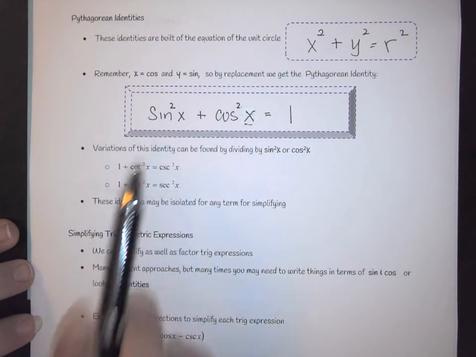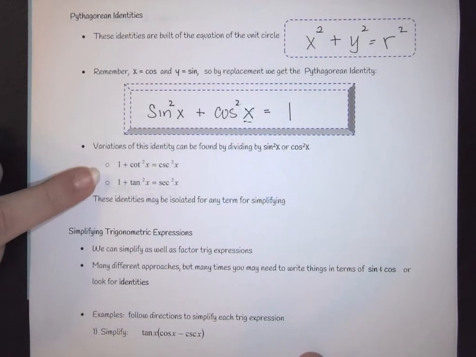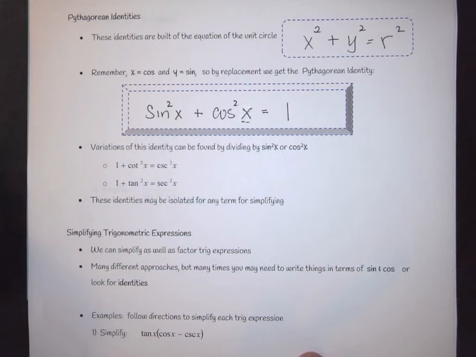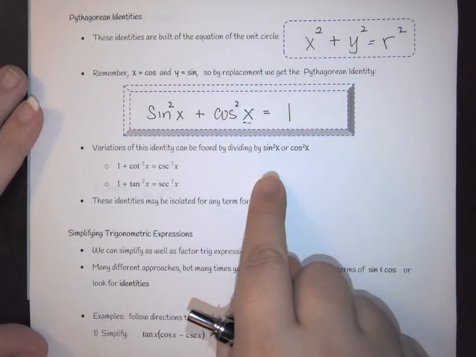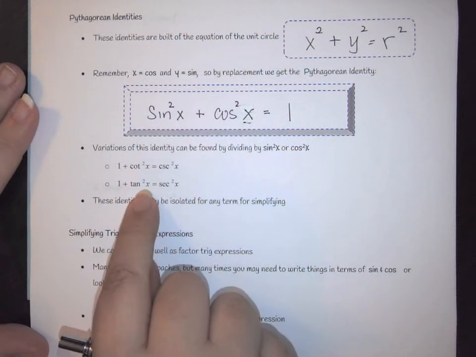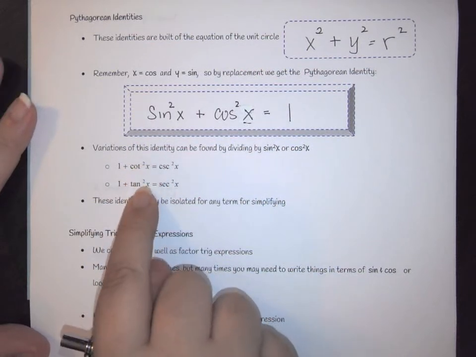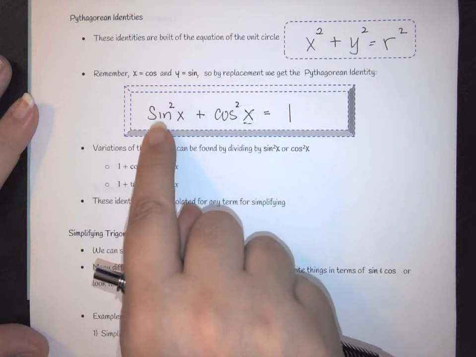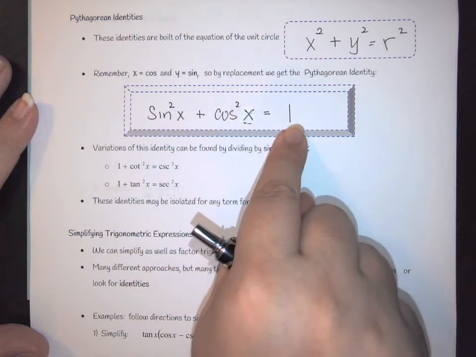Now we have some variations of this identity, which say that 1 plus the cotangent squared equals the cosecant squared. So essentially what we're doing is dividing out by your sine or cosine, and you're left with these identities. I like to call these identities fact. So you have your big one, sine squared plus cosine squared equals 1.